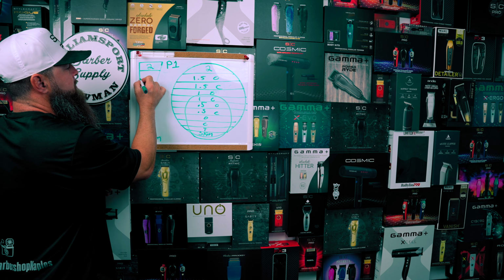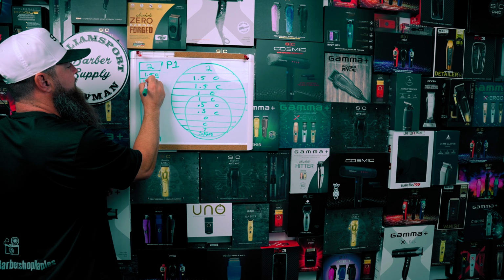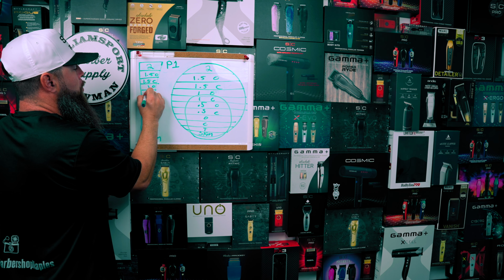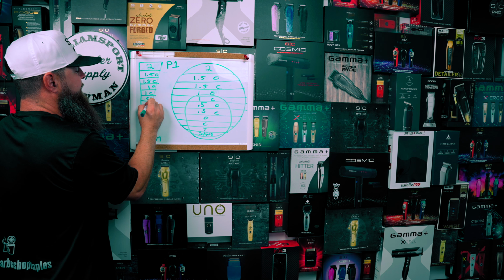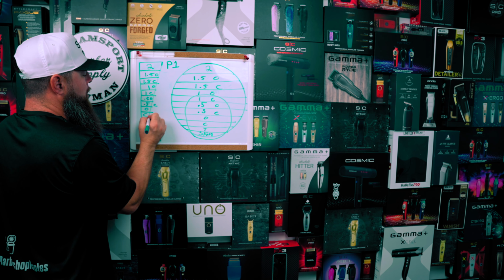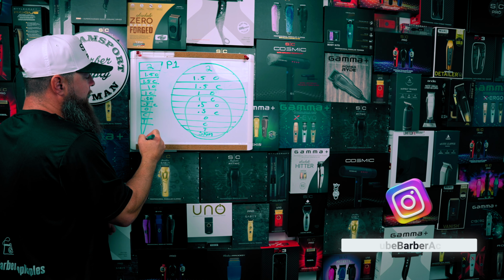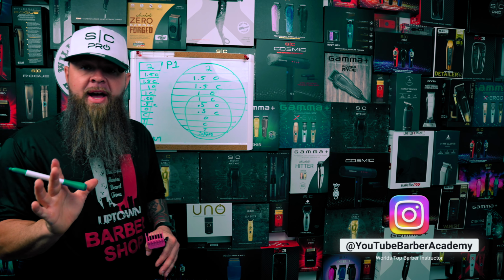So if it goes 1.5 open, 1.5 closed, 1 open, 1 closed, half open, half closed, open, closed, trimmer, skin, and your triangle slowly gets longer all the way up into that number 2, you're going to have a good blend.